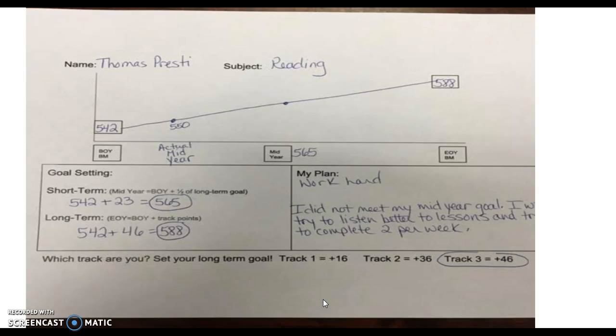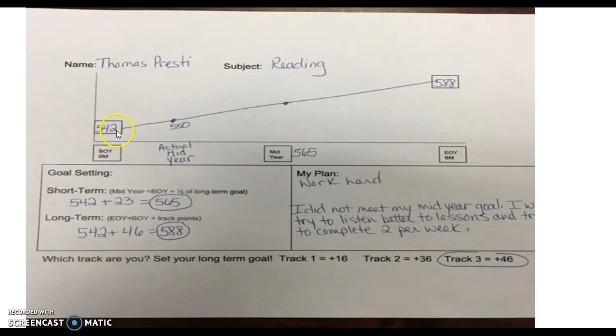So let's take a look at another one of our students, Thomas Presti. Thomas Presti set some goals in reading. He started off with reading at a 542. He's a track 3 student, which means he has to make 46 points growth over the course of the year.